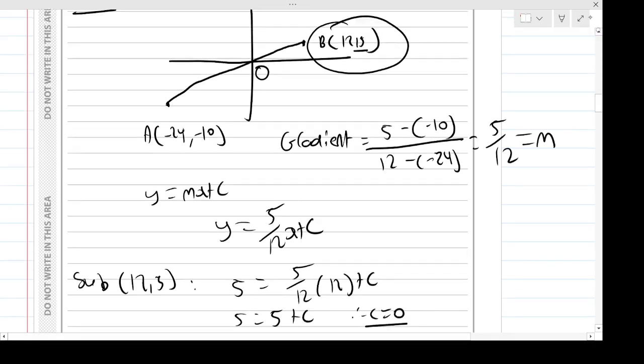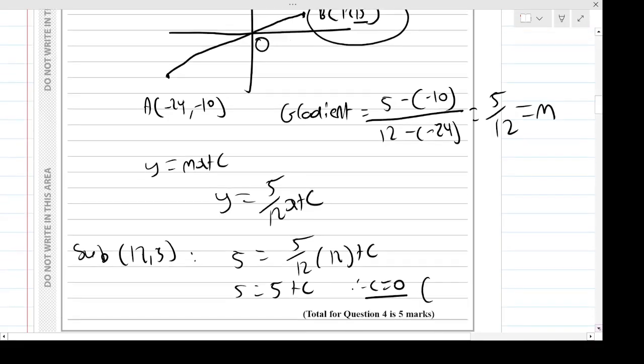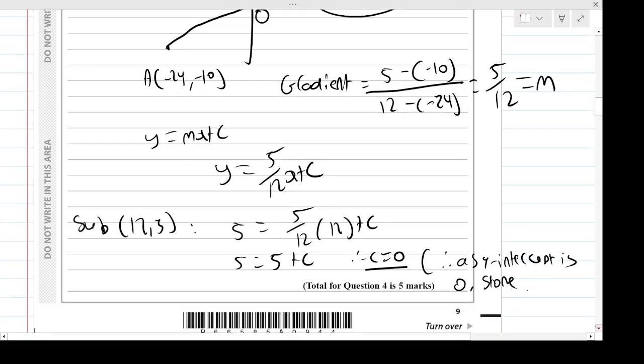So it has to pass through the origin, because the y-intercept 0 has to be the origin. Therefore, as the y-intercept is 0, the stone must pass through the origin.